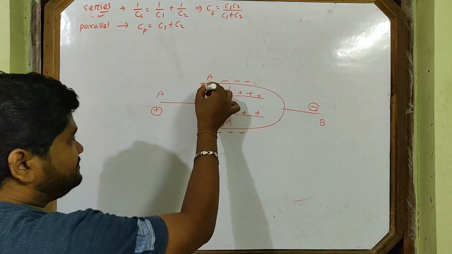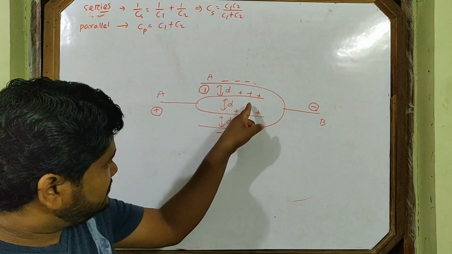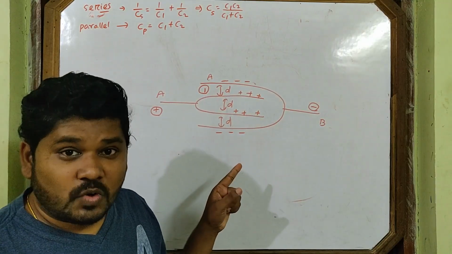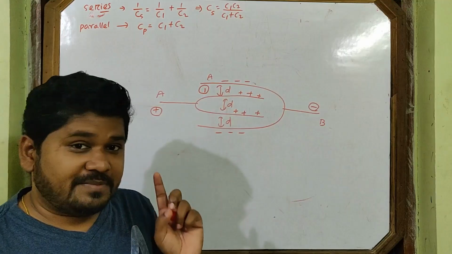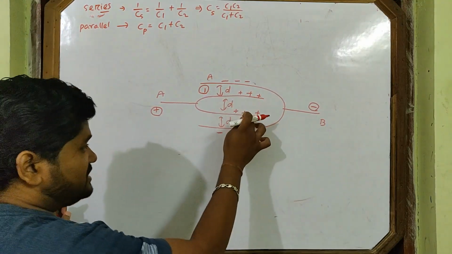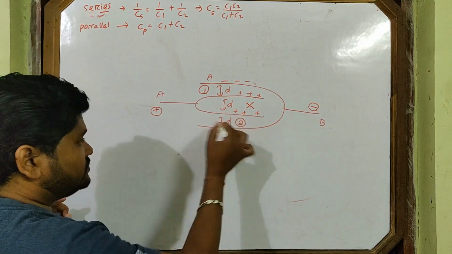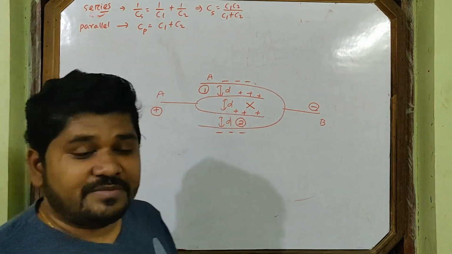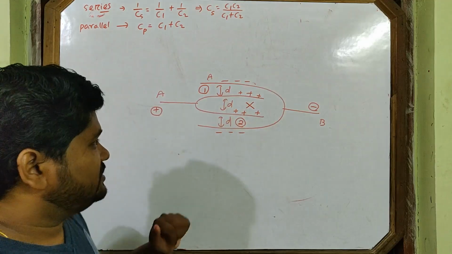This is one capacitor. This middle one, is it a capacitor? No, because here the positive plate is here. A positive and negative plate separation should be a capacitor, but positive and positive is not a capacitor. This is another capacitor, 2. So how many capacitors form here? 2 capacitors form. 1 and 2.